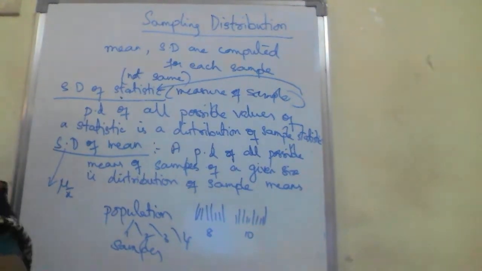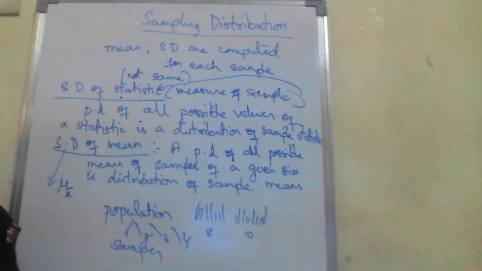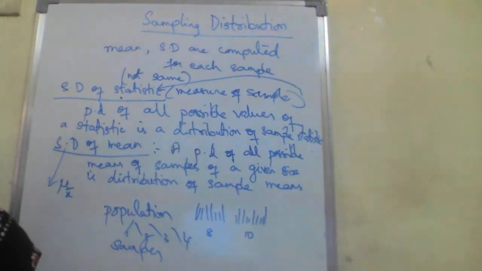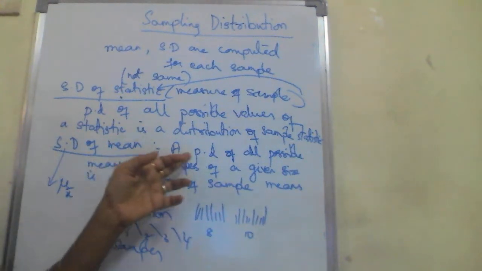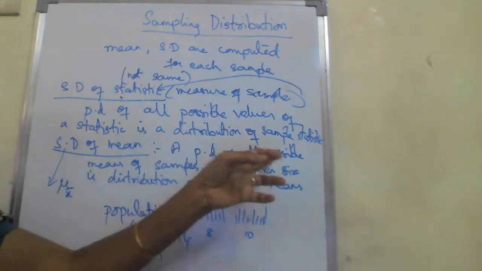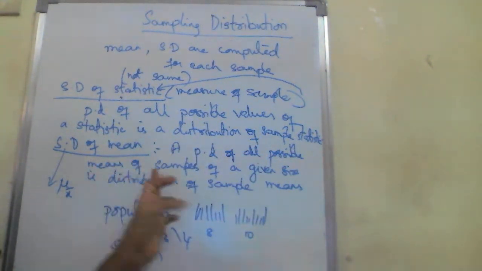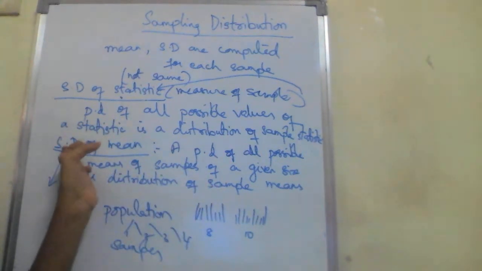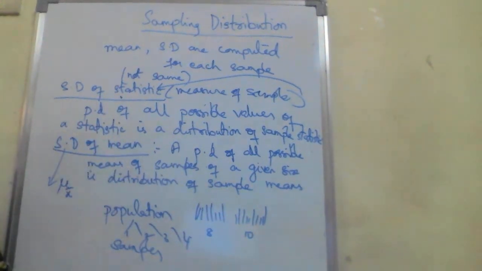So here, for different samples you find the mean. If you represent those means of samples as a probability distribution, that is the sampling distribution of mean. This is represented by mu x bar.